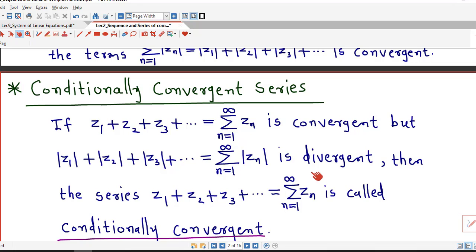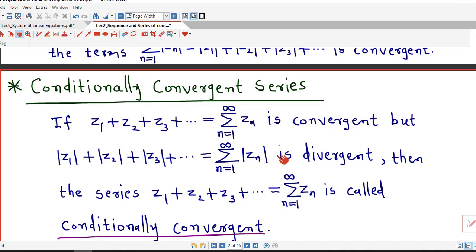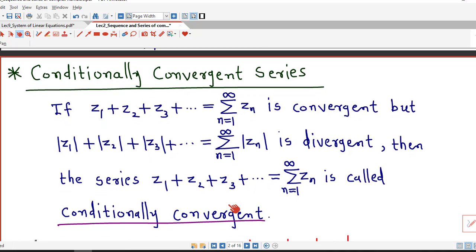So conditionally convergent series means the given series is convergent but it is not absolutely convergent.